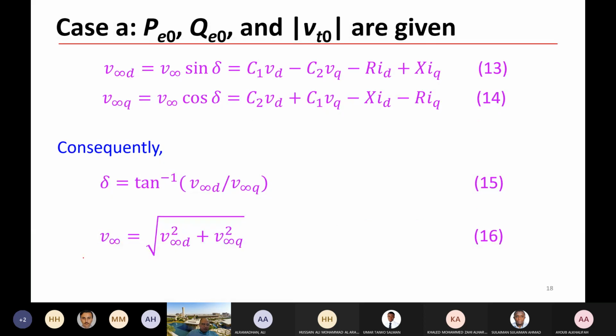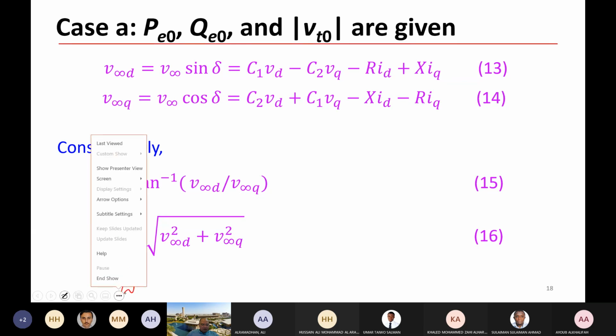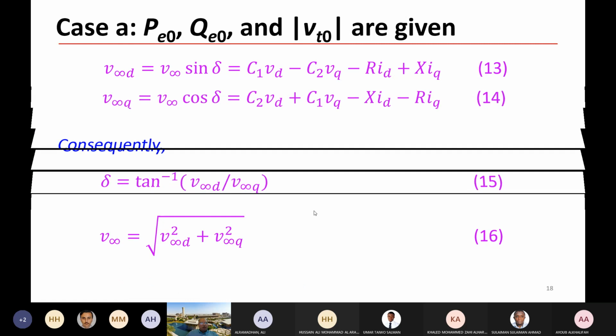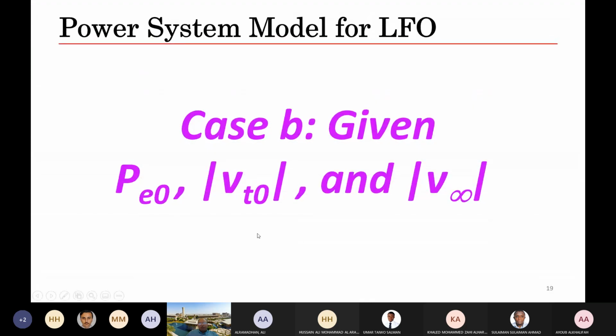We can write here that EFD equals EQ prime plus XD minus XD prime times ID. So you get the initial value of EFD, and you have the complete values of the initial conditions here.